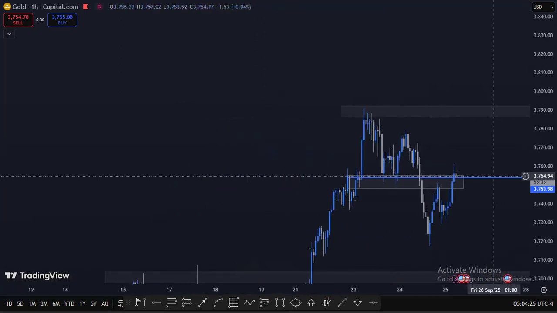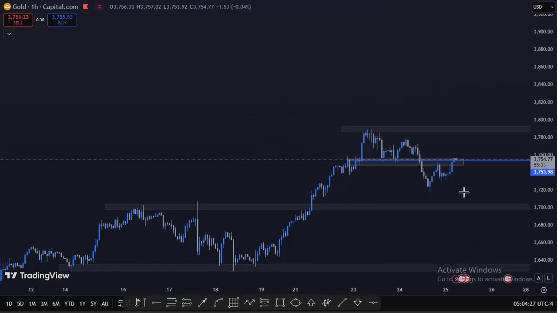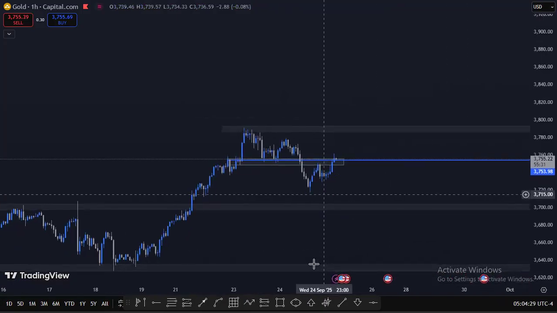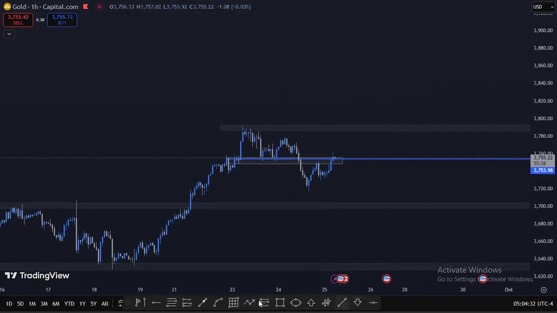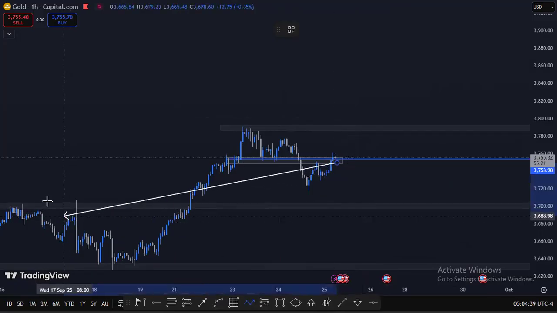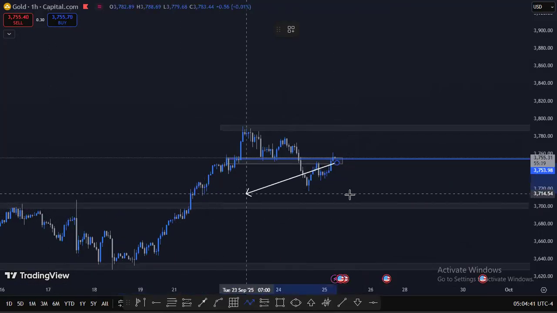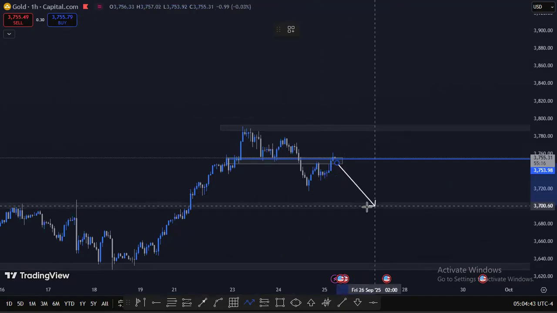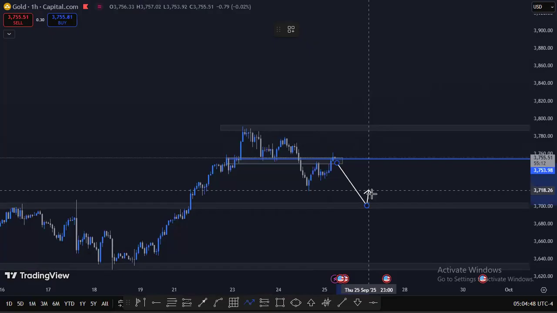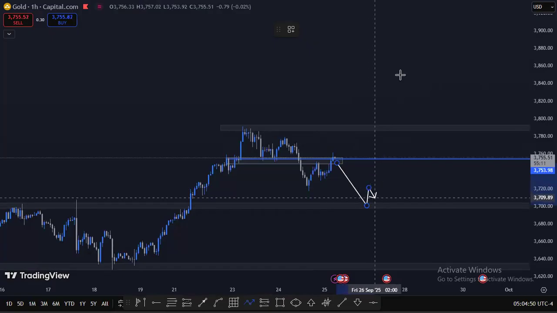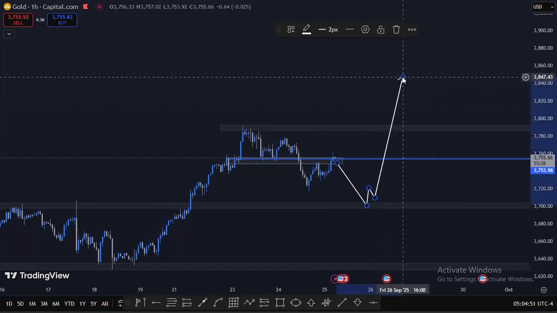So with this trade, I was potentially waiting for price to come back to this level before continuing the higher time frame bullish trend. This level right here, the resistance that we hopefully predicted to turn into support, then price continuing to go up with the higher time frame direction.